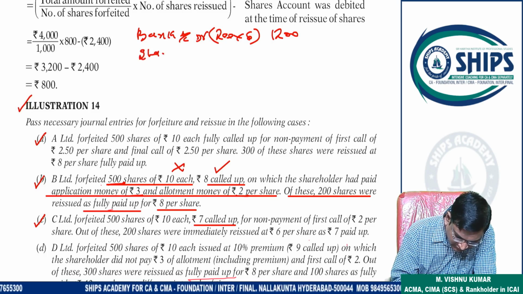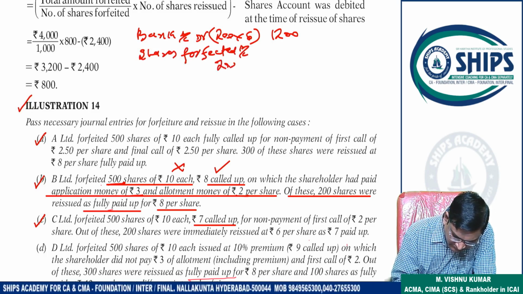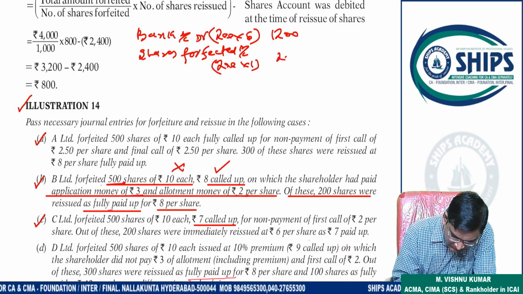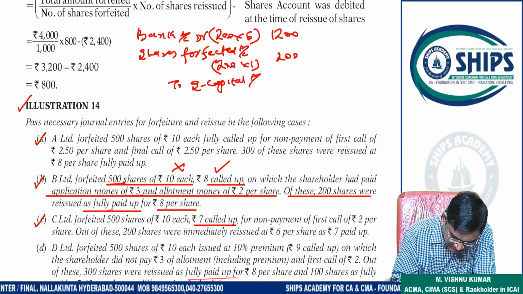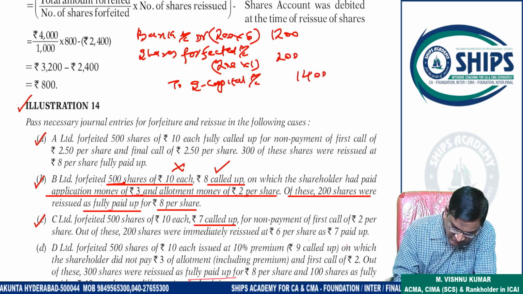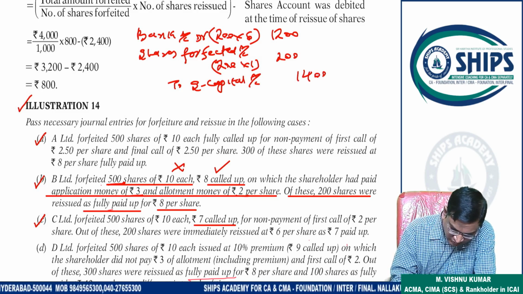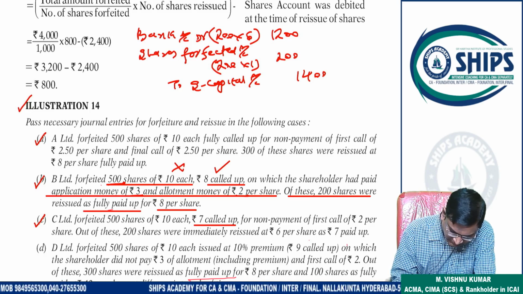Shares forfeited account debit, 1 rupee discount given, 200 to share capital, 1400. This is the reissue entry. Discount 1 rupee given, 6 rupees reissue price, total 1400.